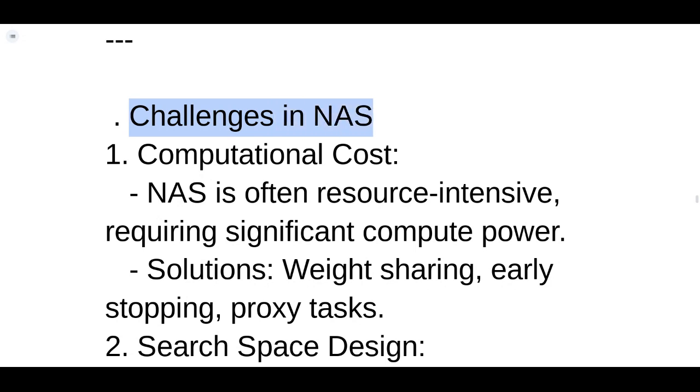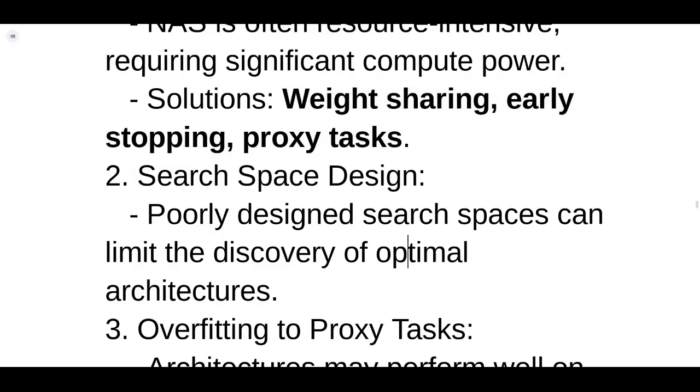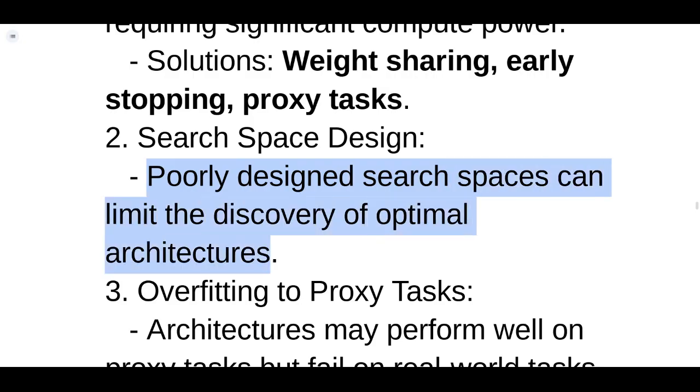Now, challenges in neural architecture search. The computational cost: NAS is often resource intensive, requiring significant compute power. Solutions are weight sharing, early stopping, proxy tasks. Search space design: poorly designed search spaces can limit the discovery of optimal architectures.